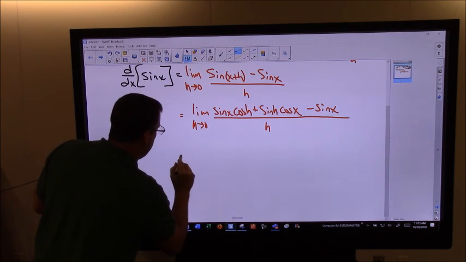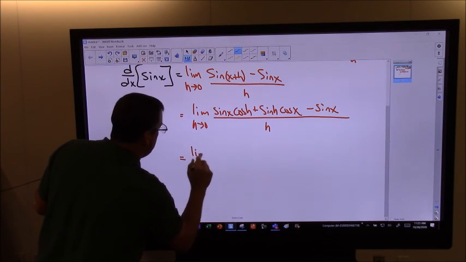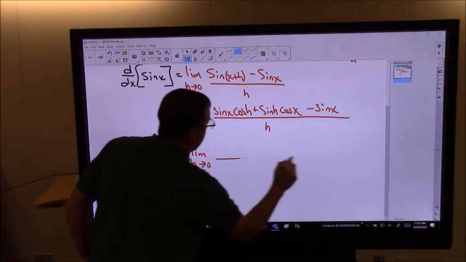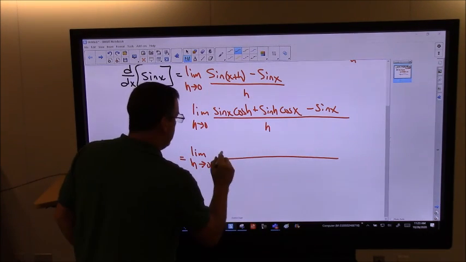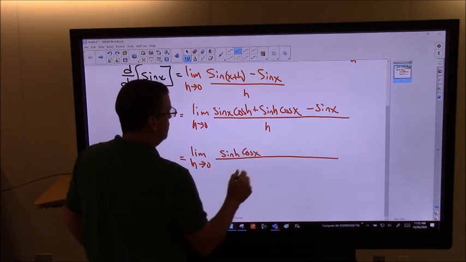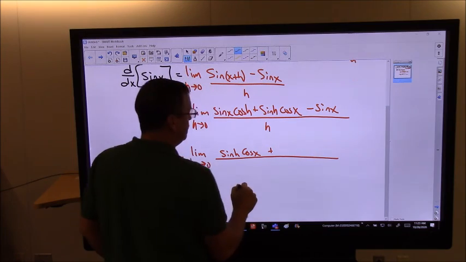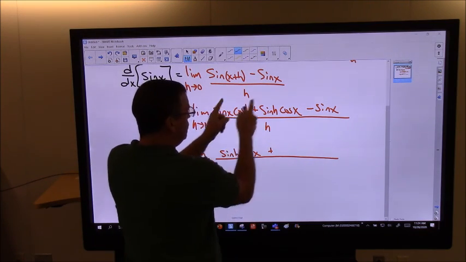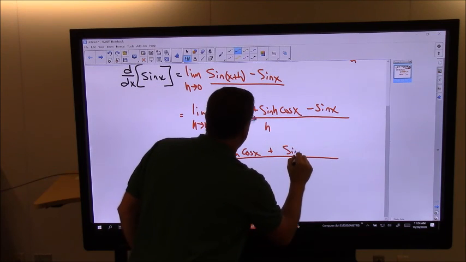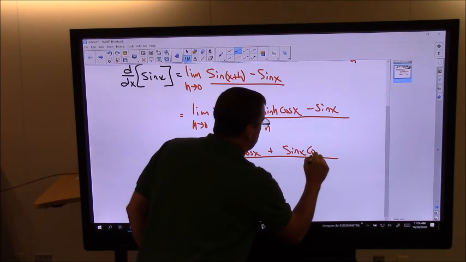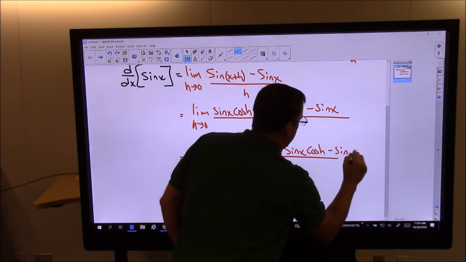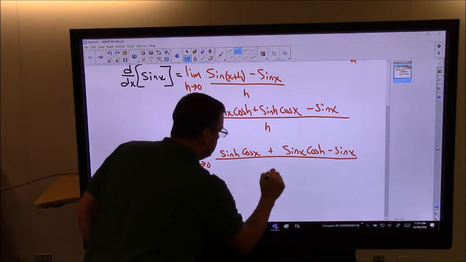I've got the limit as h approaches 0 of sine of h cosine of x, and then plus, and I'm switching this over to here because I want to group it with that term, sine of x cosine of h minus sine of x, all over h.